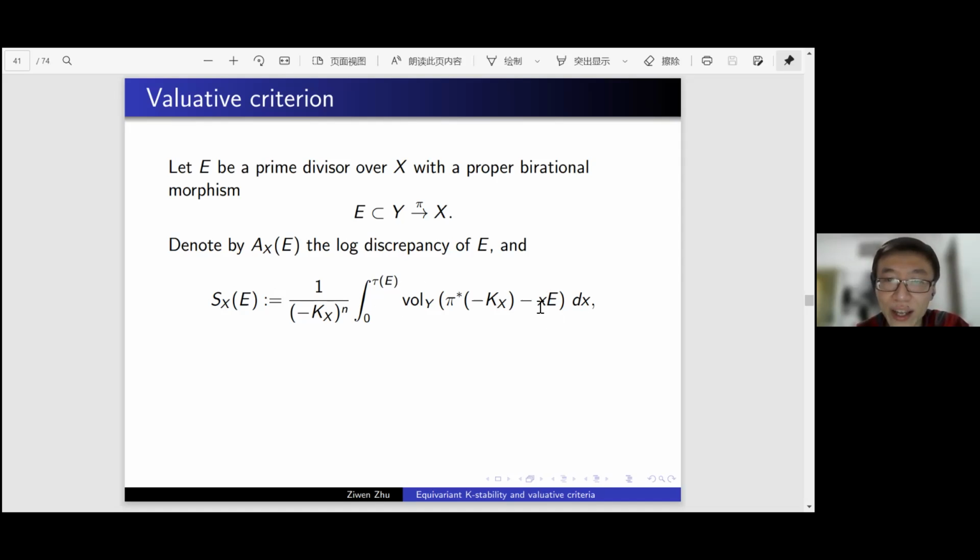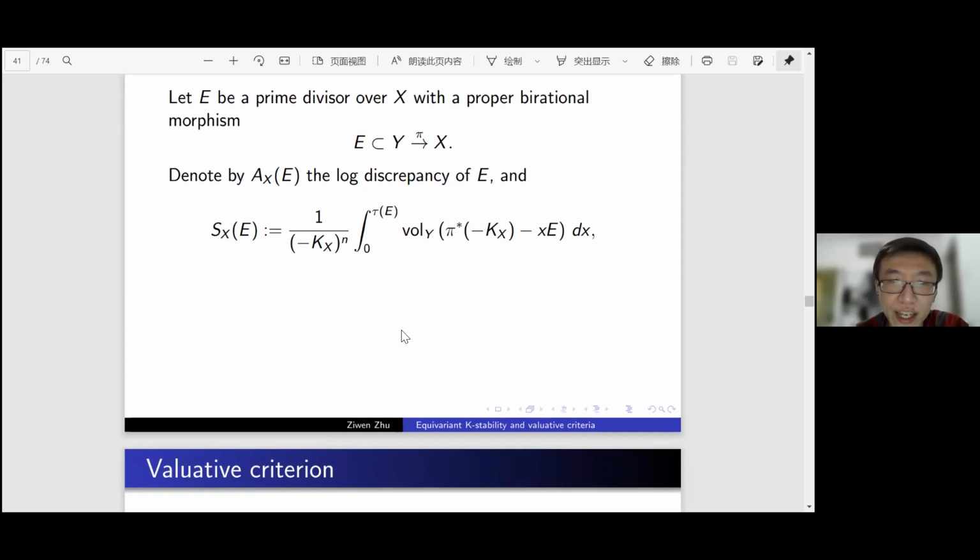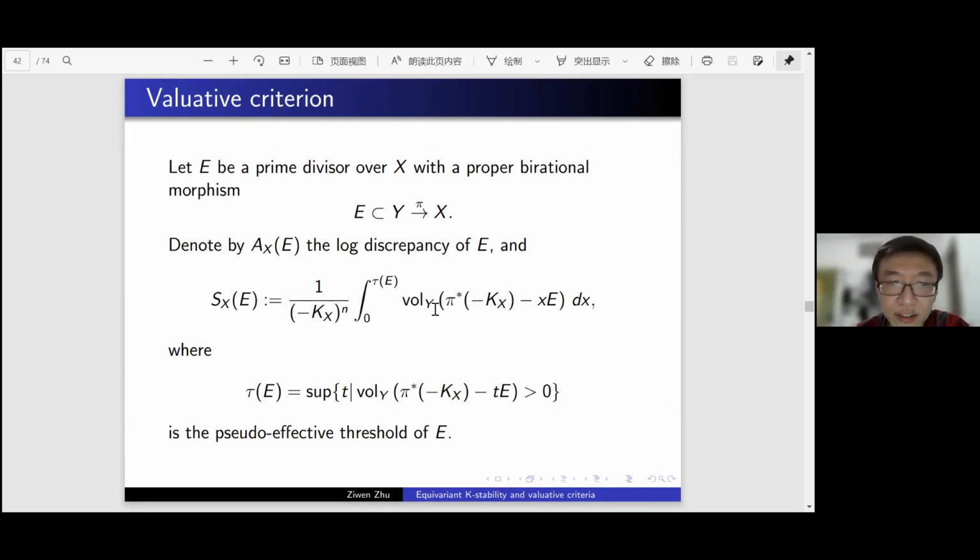Here we look at sections of vanishing order x along the divisor E. If x is large enough, then we don't have sections anymore, so the volume will be 0. Therefore the integral is in fact finite, and the upper bound is tau of E, called the pseudo-effective threshold.